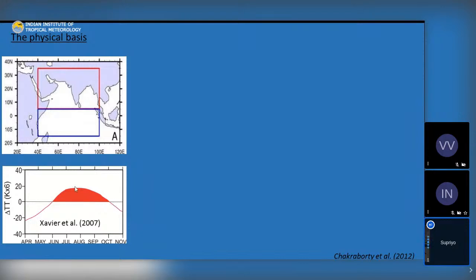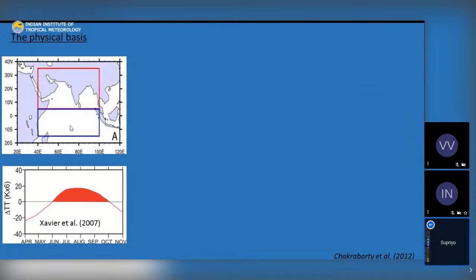According to these authors, the tropospheric temperature difference actually drives the monsoon rainfall. It is not exactly the land-ocean temperature gradient, but the temperature gradient slightly above the surface, that is from the 600 hectopascal to 200 hectopascal level.